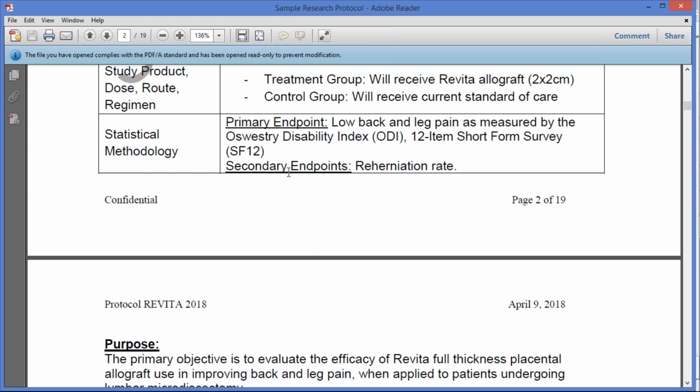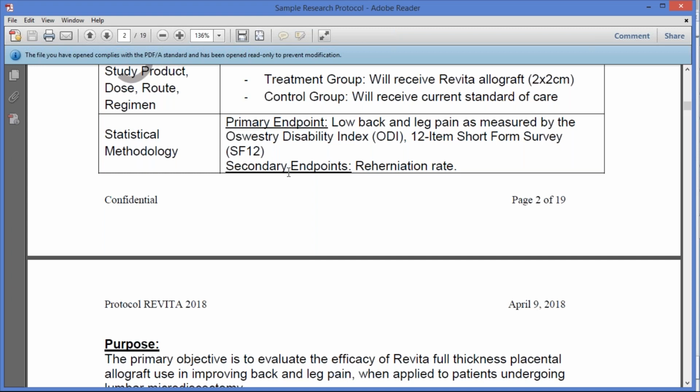While bending, what is the pain severity? While walking, what is the pain severity? While sleeping, while bending, while kneeling. We'll mainly collect the pain score while doing daily activities. If you have the pain score before and after giving the drug, we can easily assess the efficacy of the drug, the efficacy of the product.